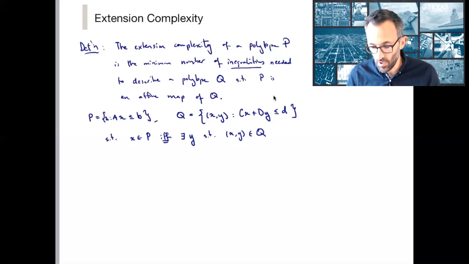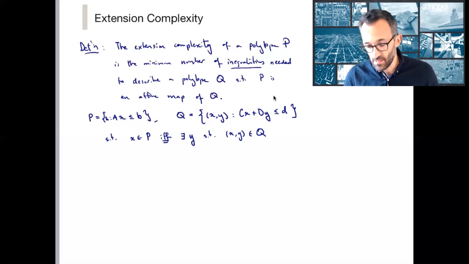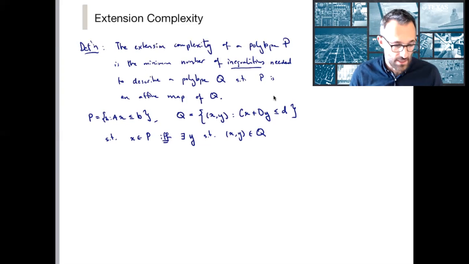And the minimum number of rows of the matrix [C D] over all such Q is the extension complexity.